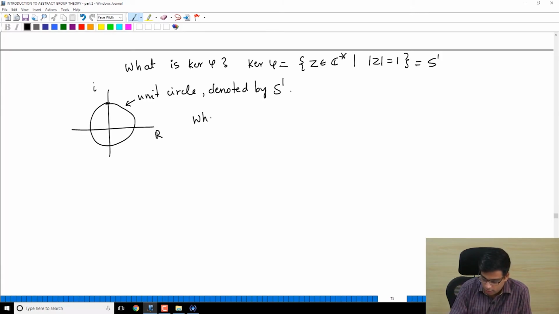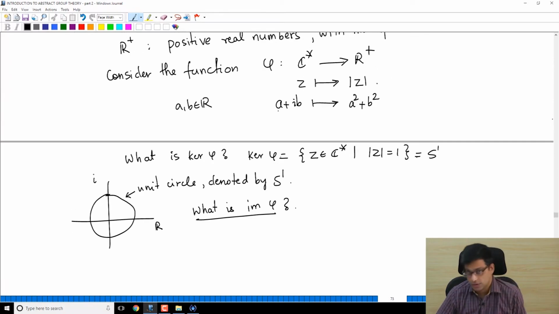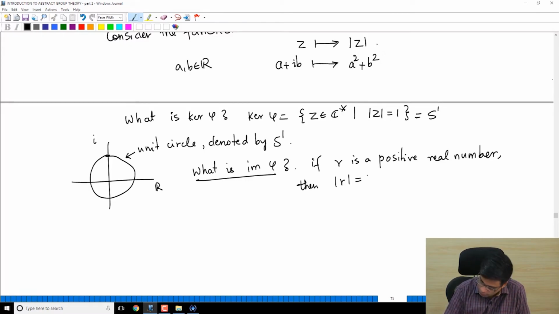What is the image of phi? Remember, phi is a function from C star to R plus, the positive real numbers. If R is a positive real number, then the absolute value of R is simply R. So phi is actually onto.